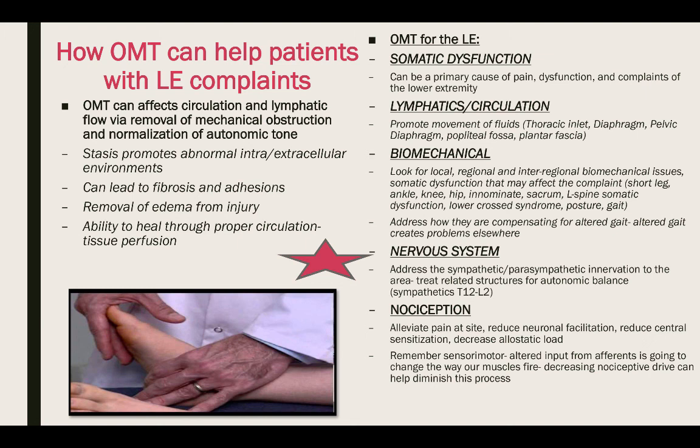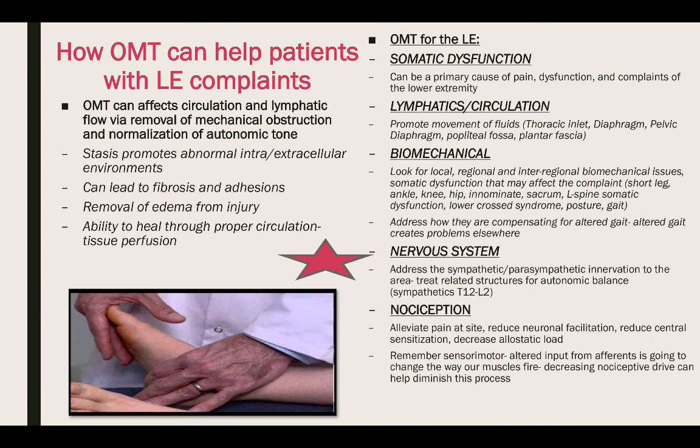The nervous system, you're thinking about sympathetic, parasympathetic balance, and then nociception. Critically important, not just because the patient will feel better if you address their pain, which is fantastic. You'll decrease their allostatic load and help their healing overall. But don't forget, that nociceptive information is part of the sensory motor system, just as we talked about in lower cross and upper cross.